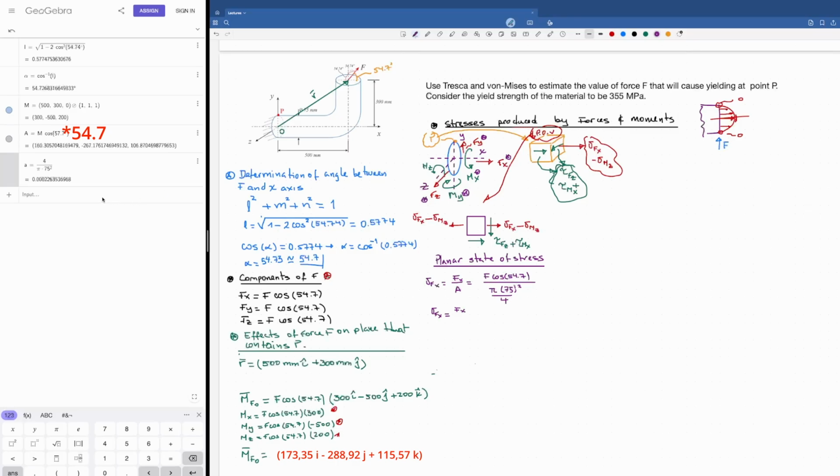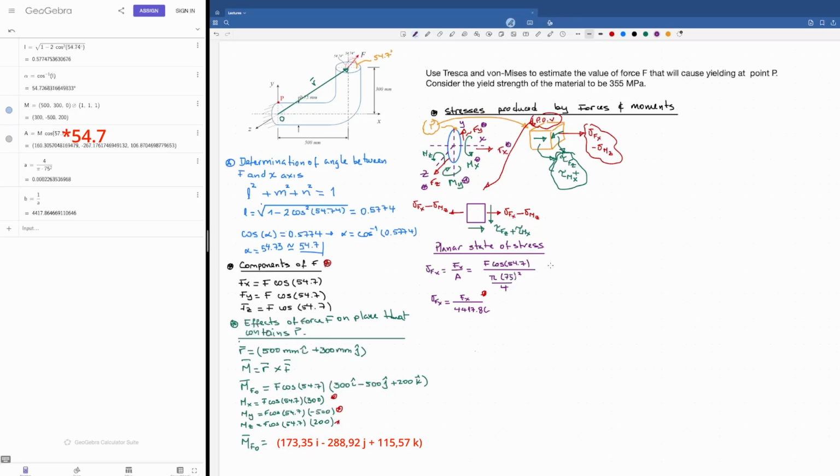Instead of writing this bunch of decimals, I could write it like this, better. So it would be fx divided by 17.86. Yeah, better. I should write that I'm first working with the normal stresses here.